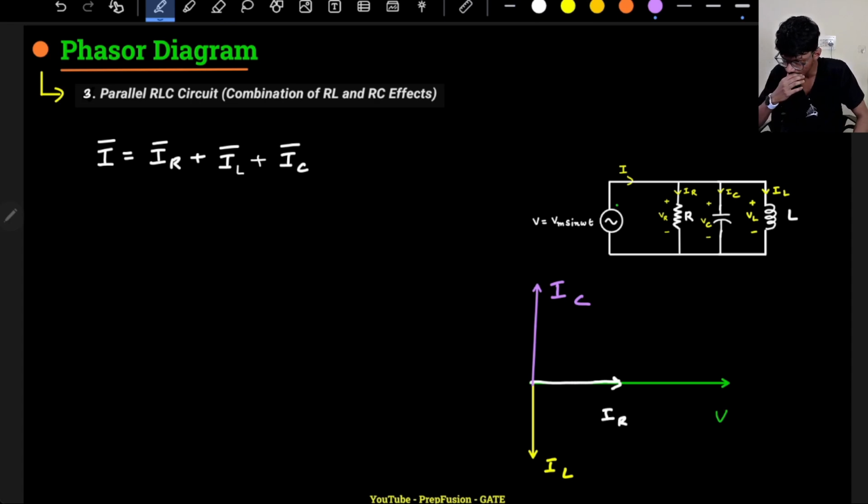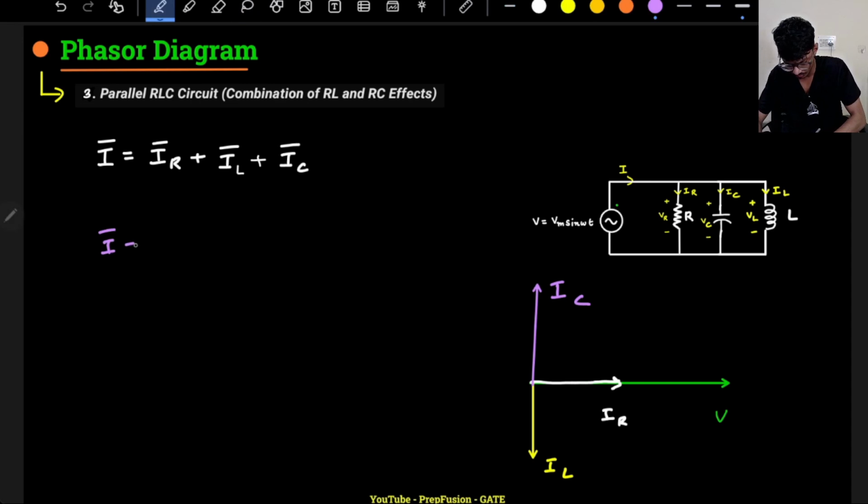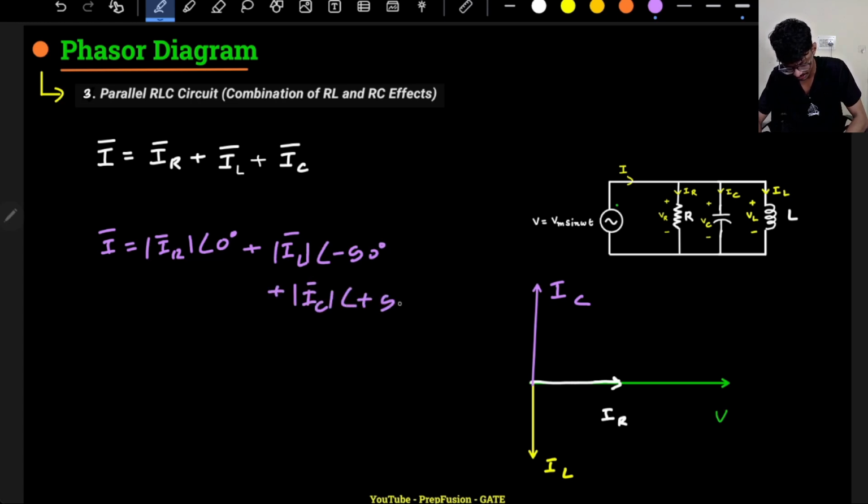Now from here, you can simply solve this equation. So your I will be what? I will be IR magnitude at angle 0 plus IL magnitude at minus 90 plus IC magnitude at plus 90.